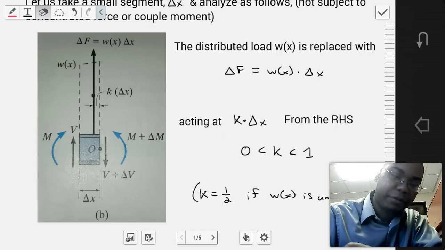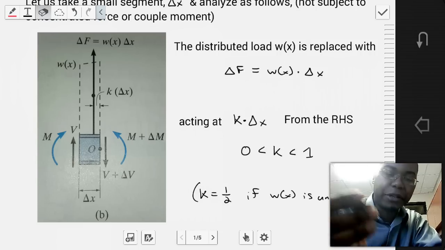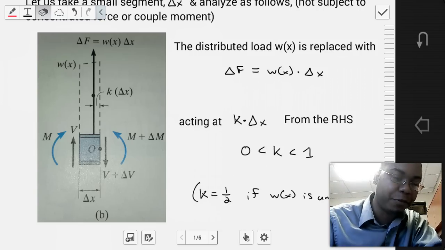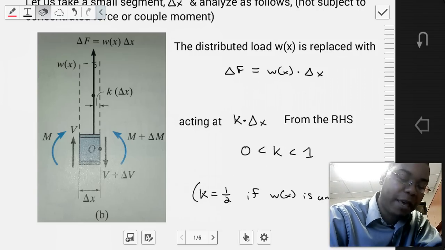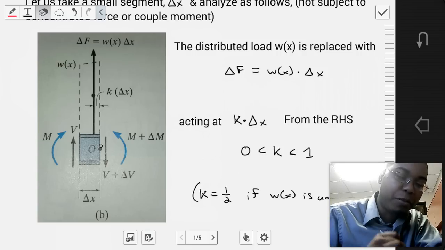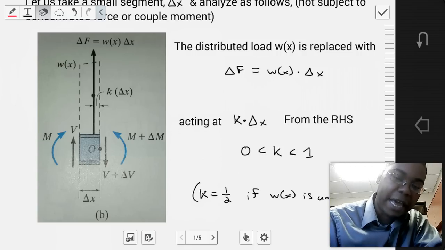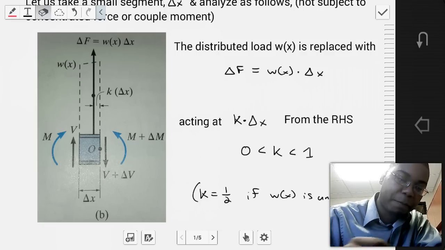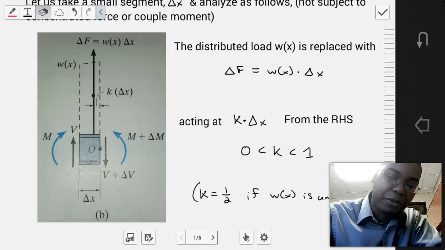Now, we've calculated this delta F value, and this delta F value is going to be found at some distance relative to the point of interest, point O. Let's call that distance a value of k.